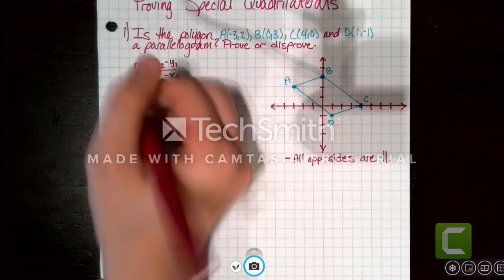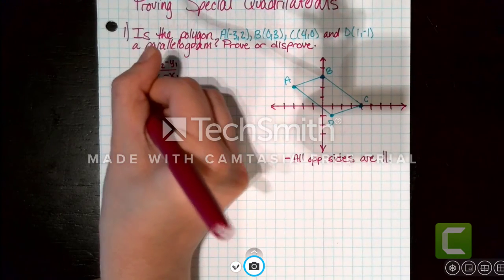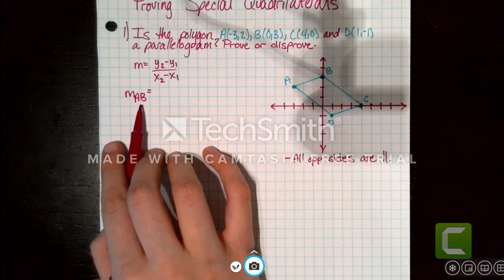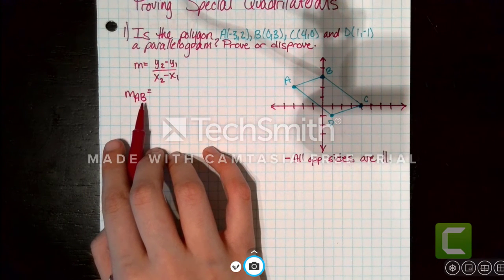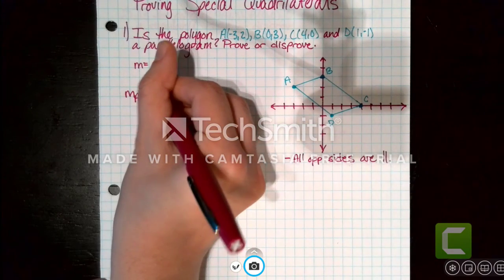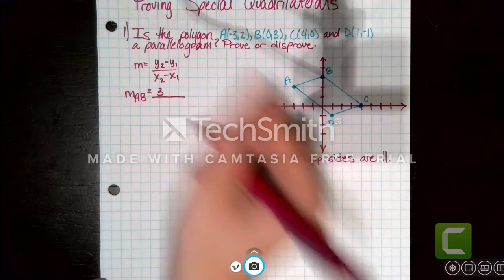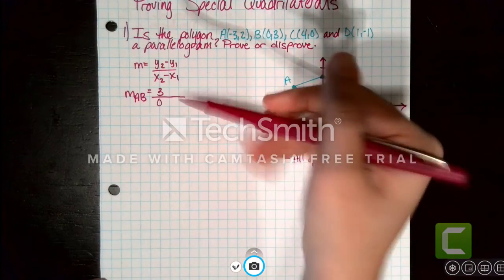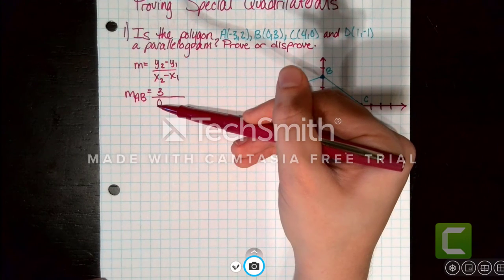So for this, let's find the slope for AB. When you have a coordinate listed as the second one in the segment, we're going to consider this your second point. So we need to start with the y value for B over the x value for B as well. So currently you should have 3 over 0.